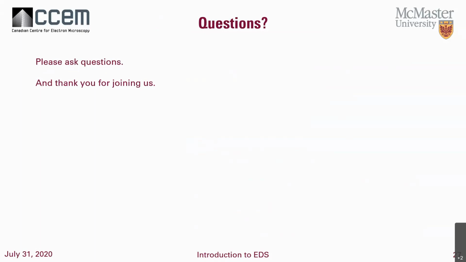Next question. You mentioned that hydrogen and helium could not be detected by EDS. Could you elaborate more on that? You just don't get X-rays. The electrons are too tightly bonded, and you're not getting any X-rays produced.